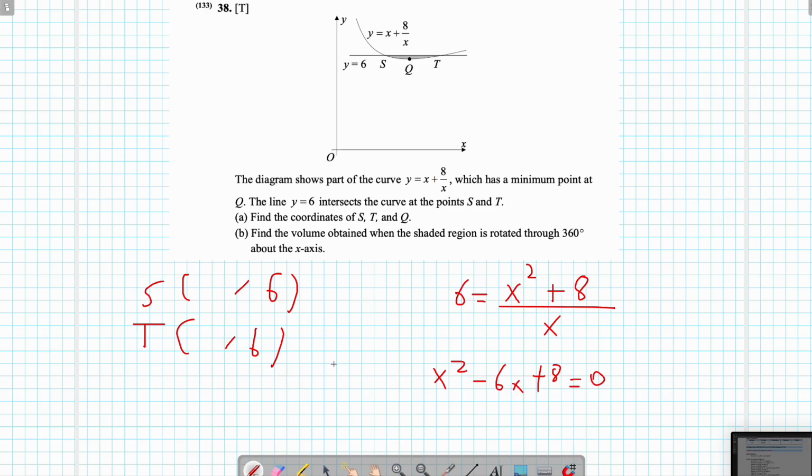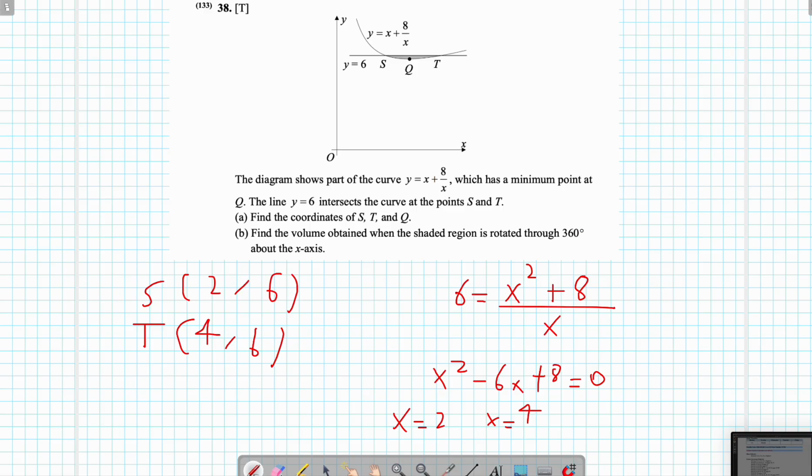You're going to get x is 2 and x is 4. Since s is behind t, as we can see in the graph, the coordinates of s will be 2, 6, and the coordinates of t will be 4, 6.